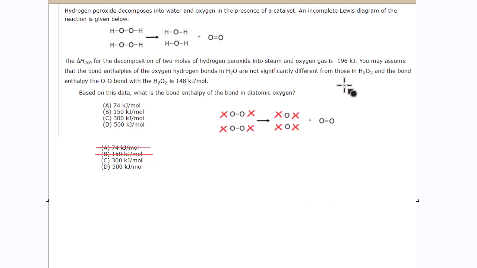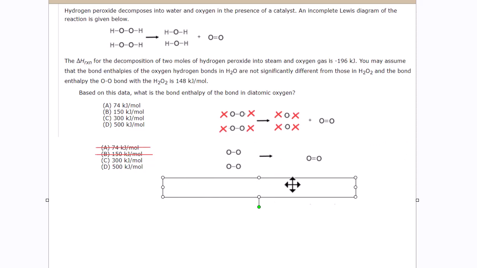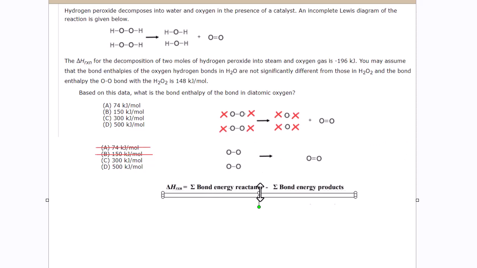Well, if you're good at your math, you can probably see what the answer is now, but let's do it mathematically. Let's solve this as a problem where we just simply take our reactants and our products, and this is the equation that we've learned: the change in reaction, this negative 196 for this overall reaction, is equal to the addition of the bond energy of the reactants.